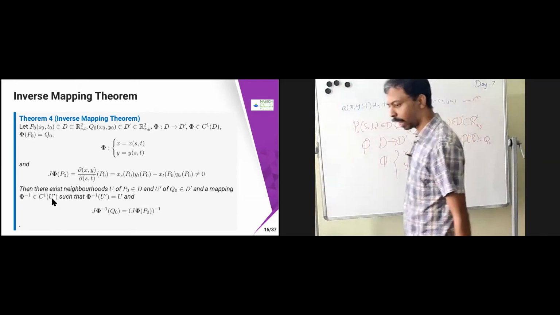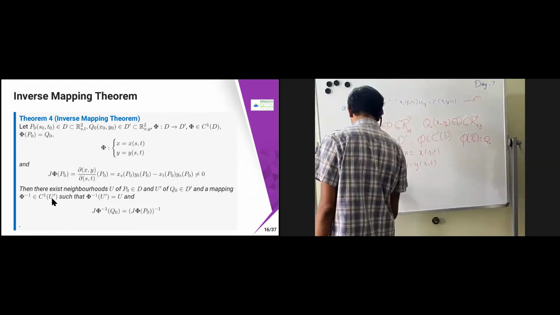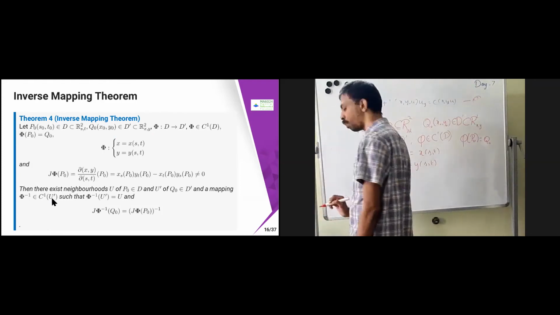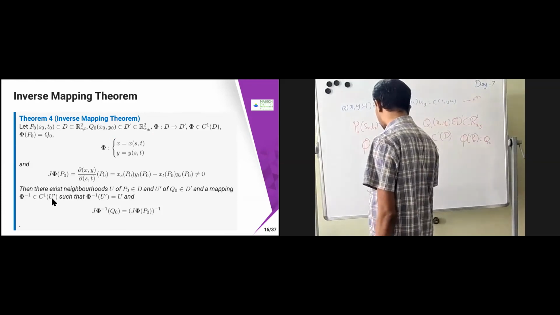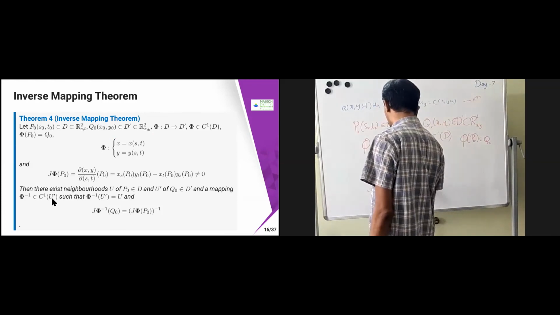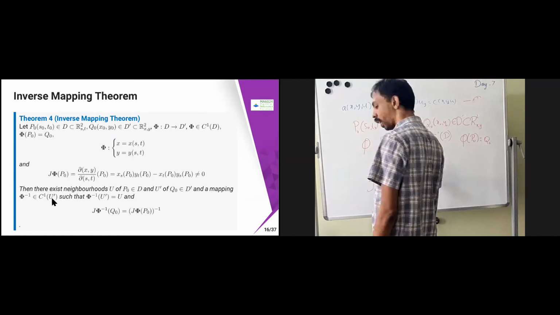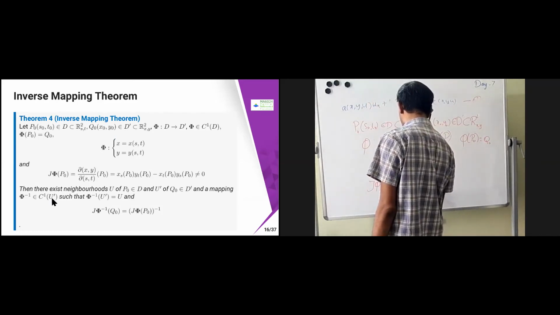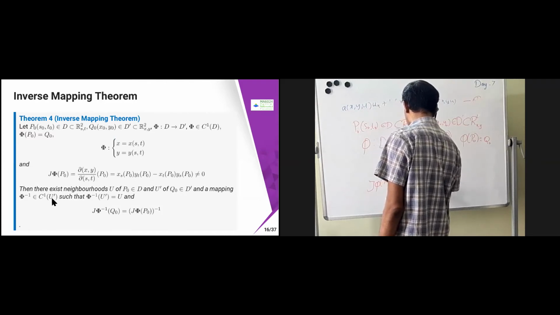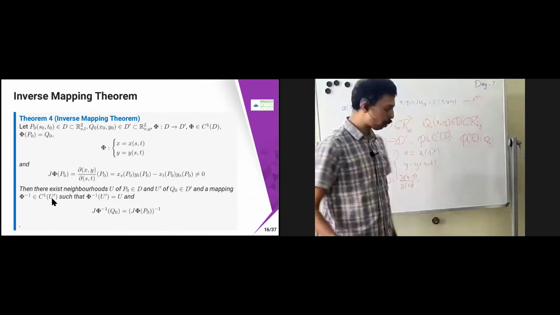For that, J pi is the Jacobian of pi at P naught, which is dou of x comma y divided by dou of s comma t.